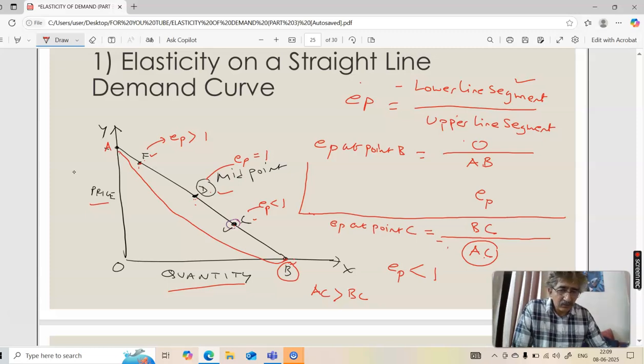When we divide 0 by any number, the answer will be 0. So what do we conclude? That at point B, the intercept on the X-axis, the price elasticity of demand is 0.